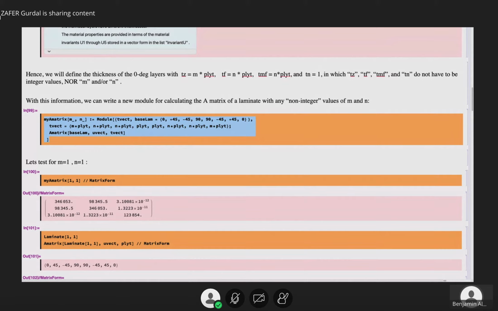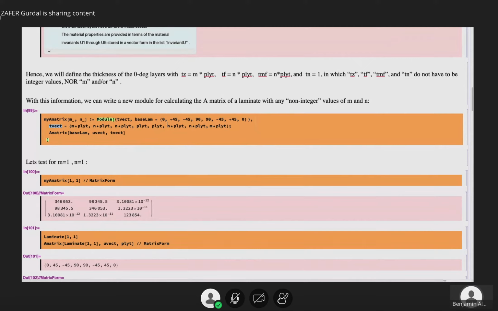If you have 60s, you put a plus 60 and minus 60 in here, and you can put each layer to be m times the ply thickness, n times the ply thickness. This basically allows us to define non-integer thicknesses per orientation angle.